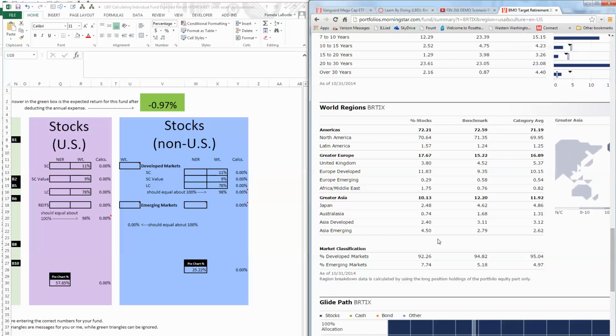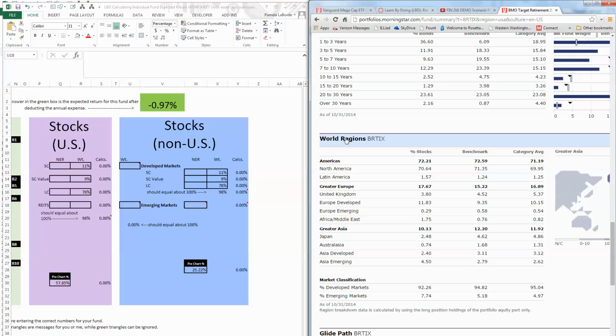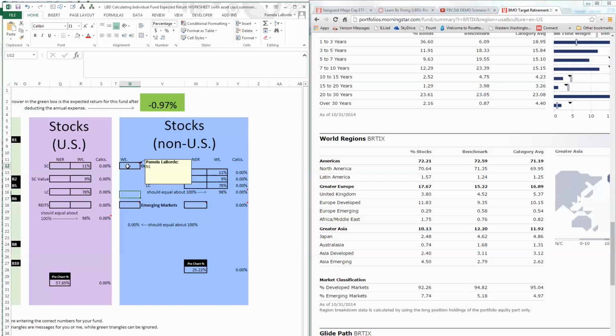It just won't even exist for you. And so for most of you, the bottom of the equity section will be this world regions, and at the bottom of that, it shows the percentage in developed markets and the percentage in emerging markets. That's what you'll type right here. So 92.26% is developed, and 7.74% is emerging. And again, that should sum to about 100%.